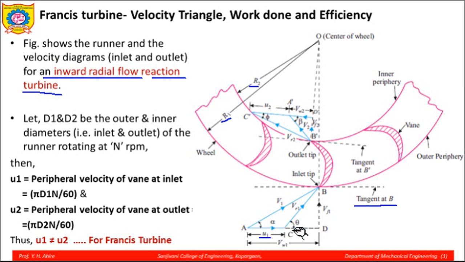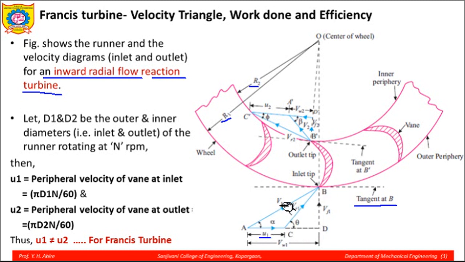So this vector is drawn like this. First you draw VR1 as a tangent to the vane, and then U1 as a horizontal line, because it is tangent to the wheel. Then you join point A with point B, that gives you the absolute velocity V1 at the inlet. So AB is the absolute velocity, right?